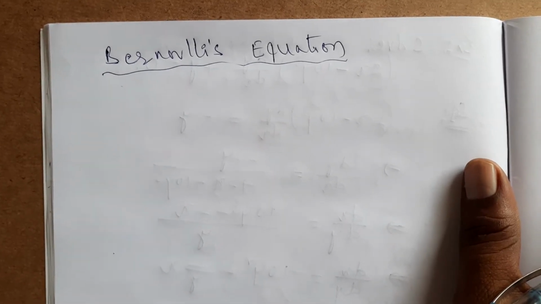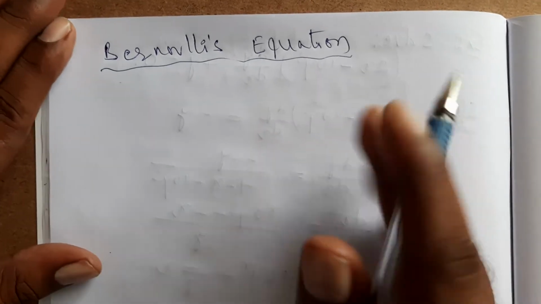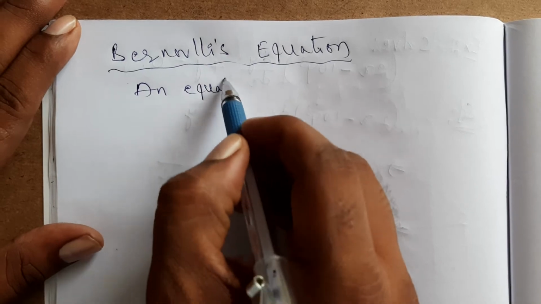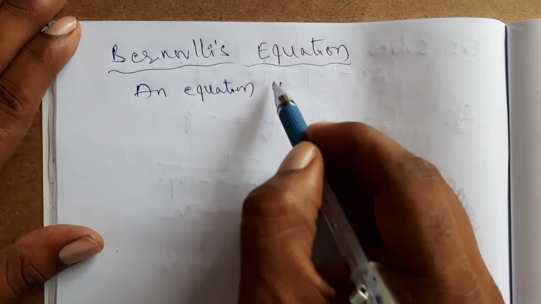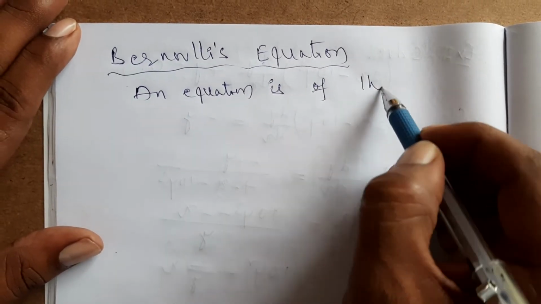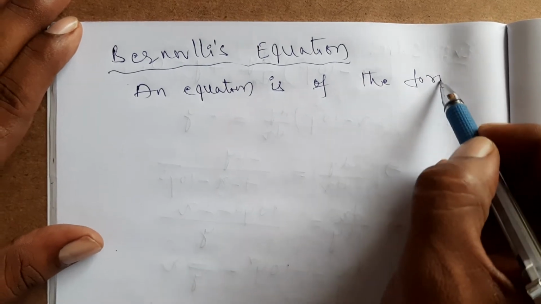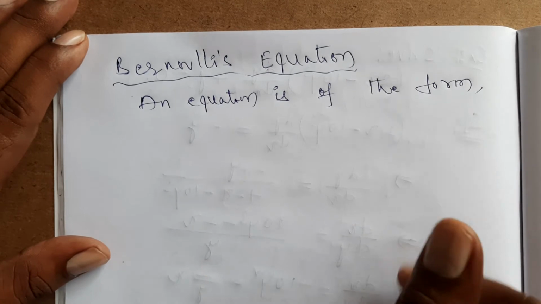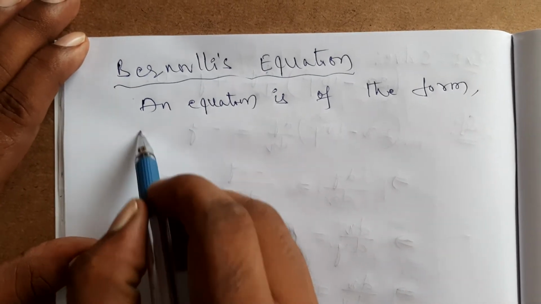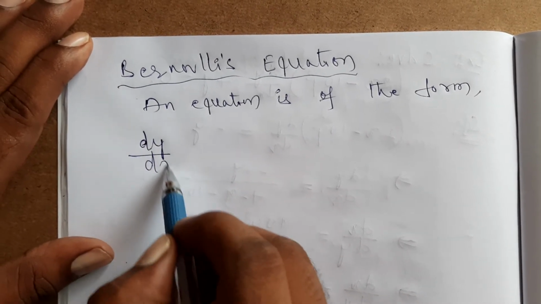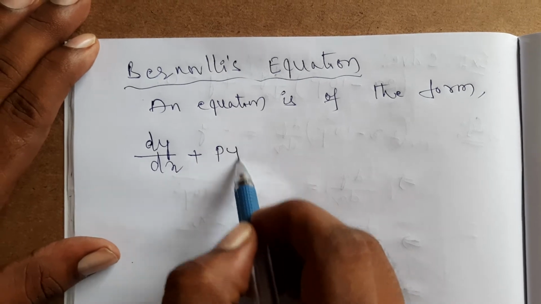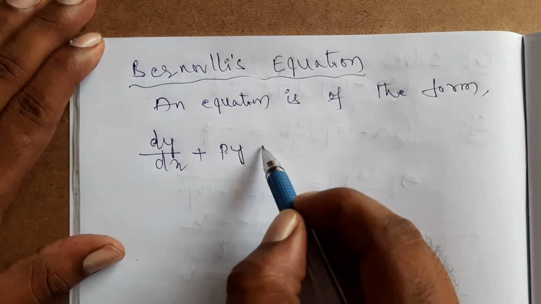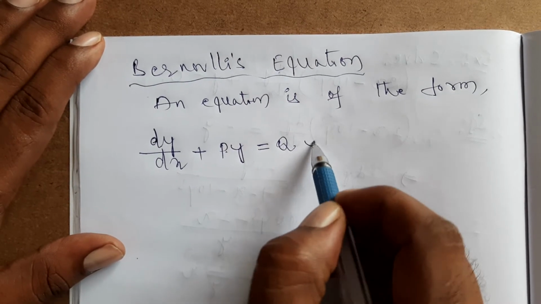Okay, here the Bernoulli's differential equation means an equation, first listen all of you, an equation of the form dy by dx plus p of x into y is equal to q of x into y power n.